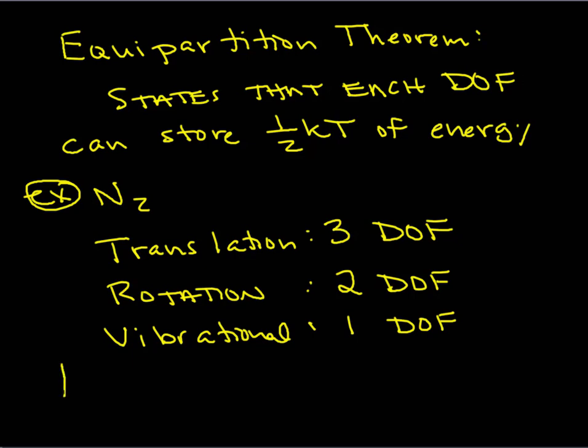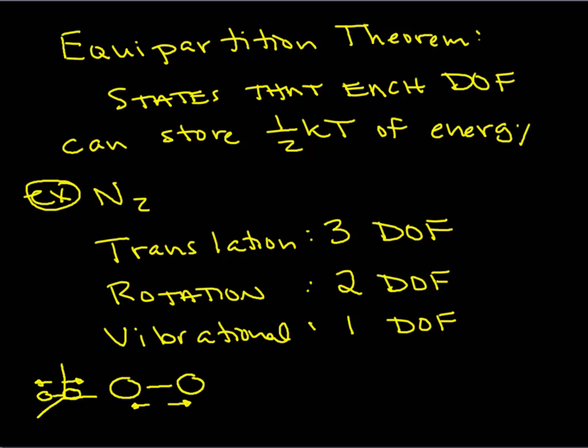And if we wanted to look at the degrees of freedom for N2, again, if we want to draw a picture over here in the corner, in our Cartesian coordinates, and we've got our N2 molecule, the only way that it's going to vibrate is by stretching along the internuclear axis in such a fashion.